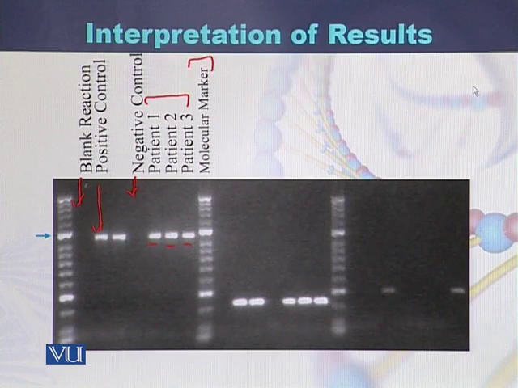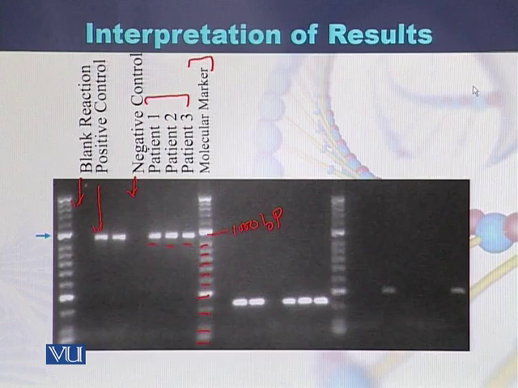If we see the bands of the molecular marker, this is 100, 200, 300, 400, 5, 6, 7, 8, 9, and this is the band of 1000 base pair. So our expected band size for the patients was approximately 1000 base pair, so we can say that the actual region has been amplified.